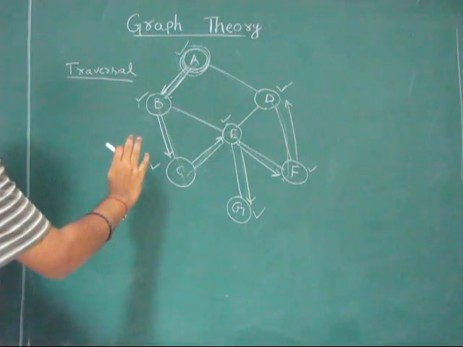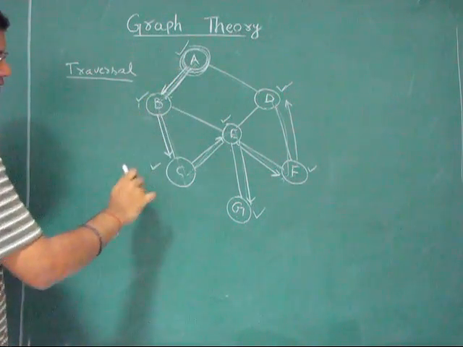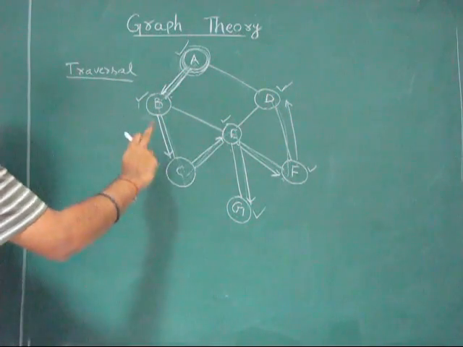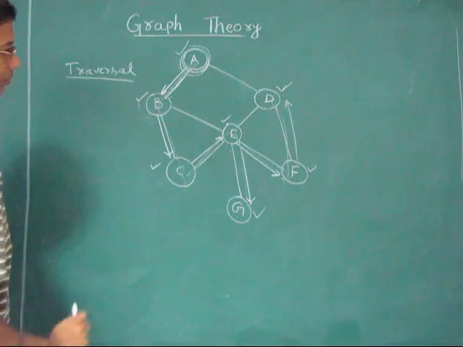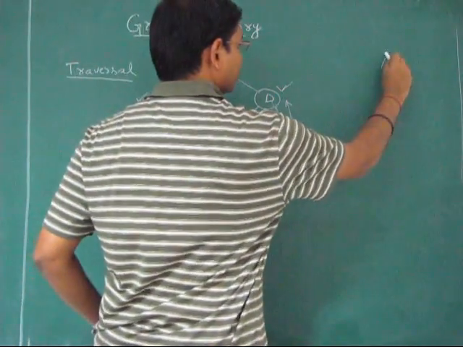If you look at only the edges which are traversed along the path, the graph would look something like this.